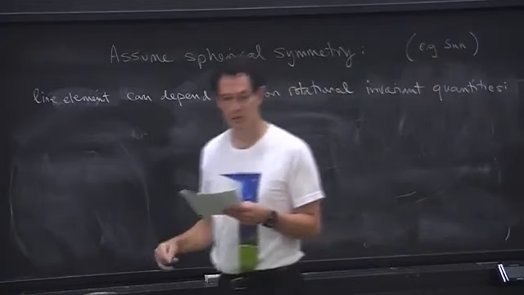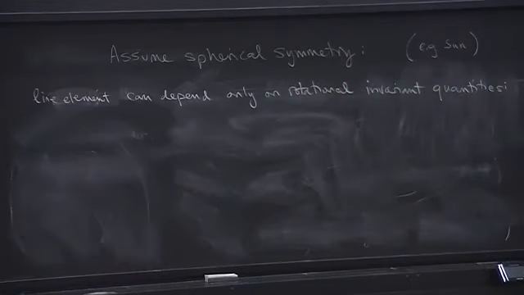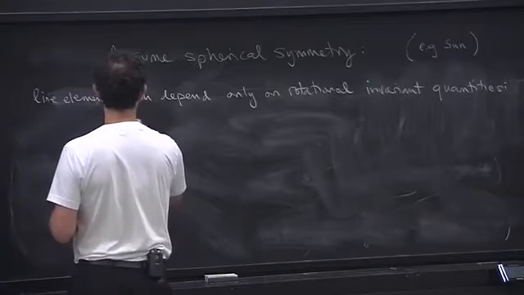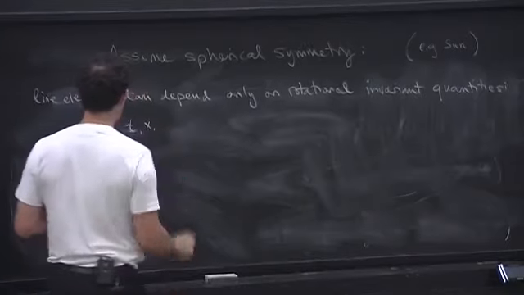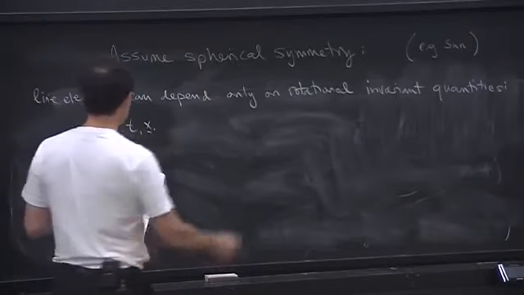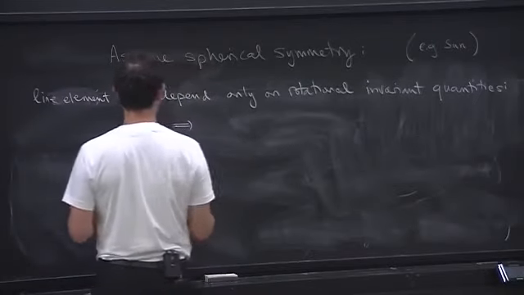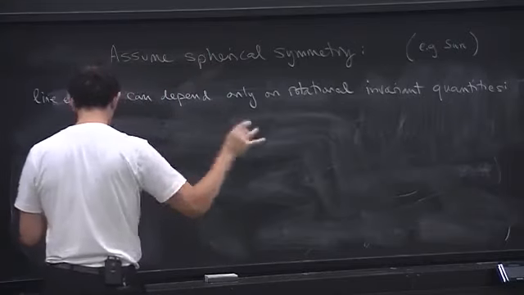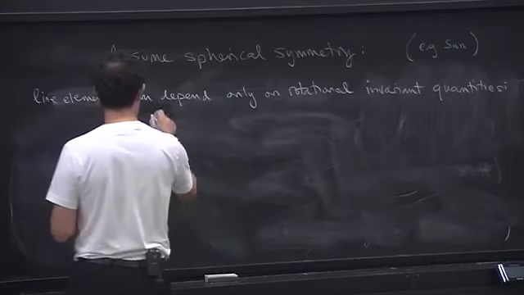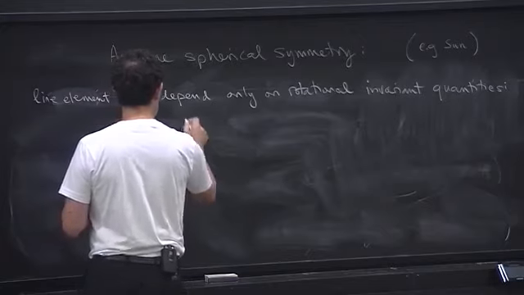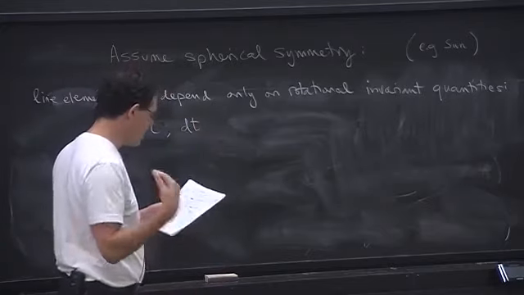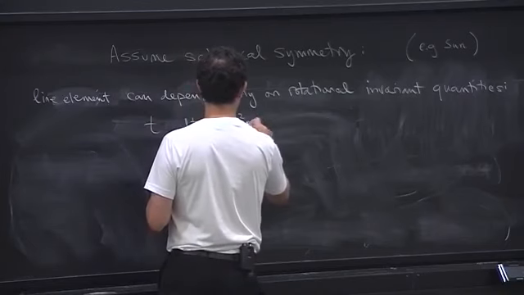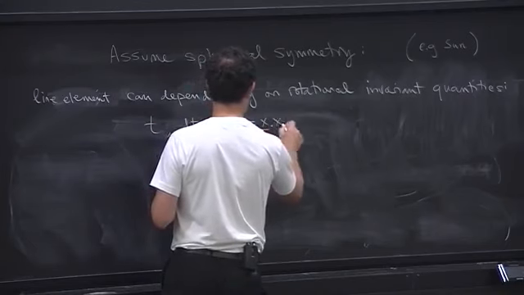There's no special spatial direction at all. So instead of depending on t and x, which a general metric would do, it only depends on a subset of quantities. It depends on t. It can involve dt. These are obviously rotational invariant. It can depend on r squared, which is x dot x.